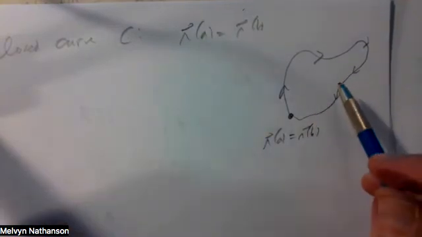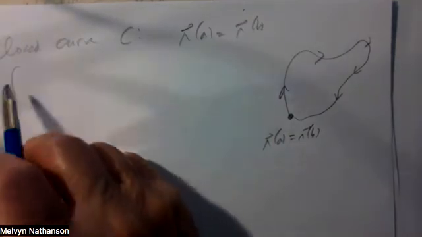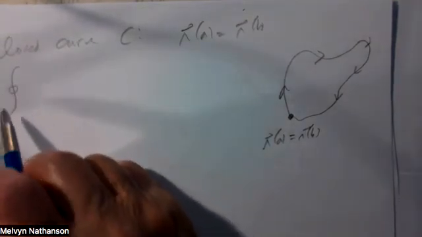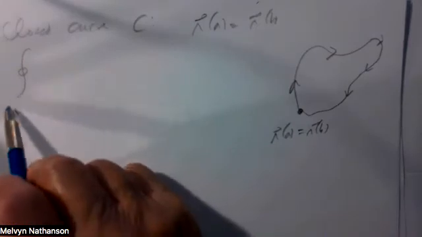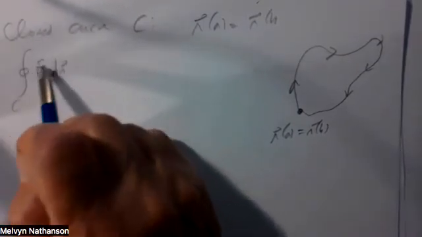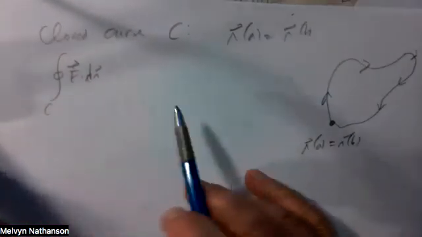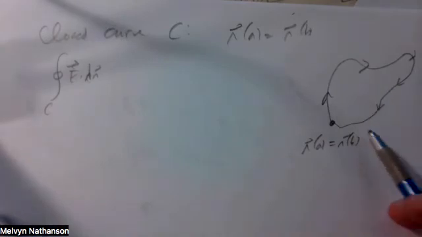This is what we mean by a closed curve. And when you have a closed curve, sometimes to indicate the curve is closed, when you write the line integral, you put a little circle on the integral sign. That's just to remind you that you're really going around a circle. In any case, you start and you stop at the same place.